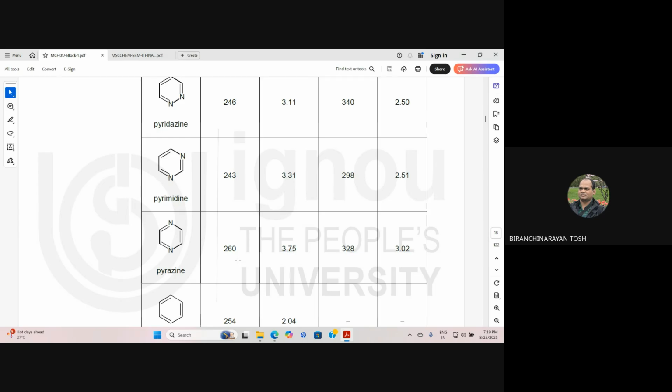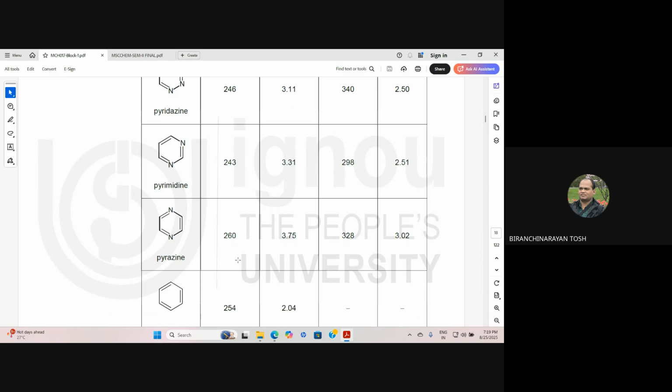Now, protonation of the nitrogen atom of the ring: if H plus is added, this lone pair is not available for the n to pi star transition. So it will eliminate the n to pi star band from the spectrum, but it increases the intensity of the pi to pi star band without changing its position.